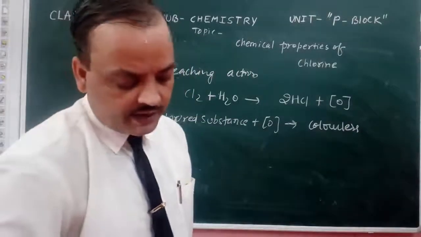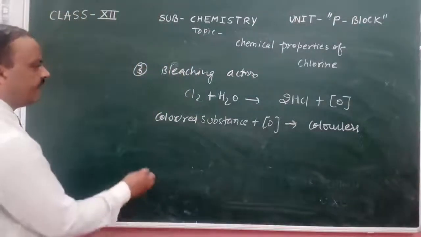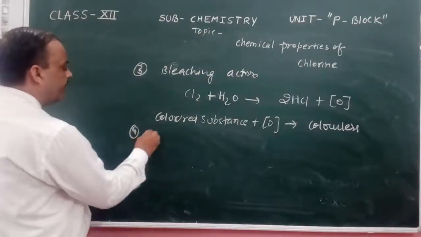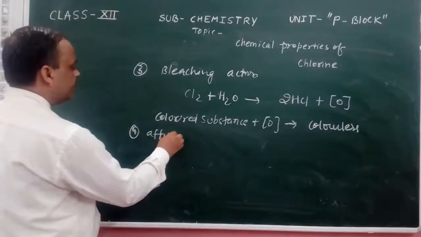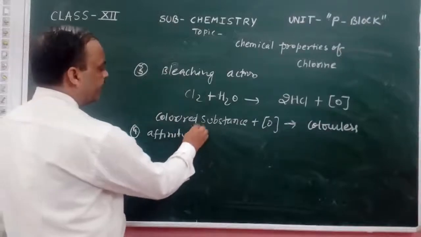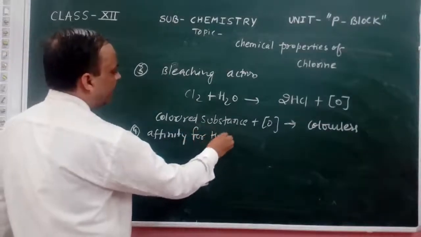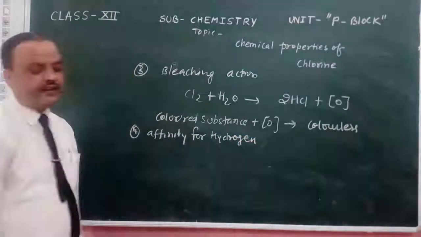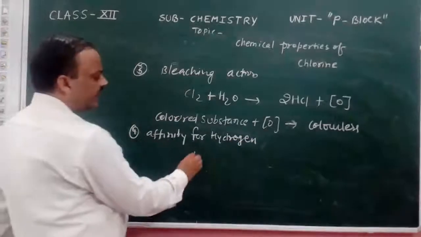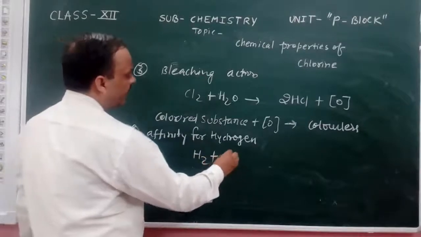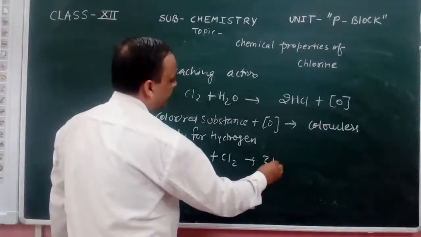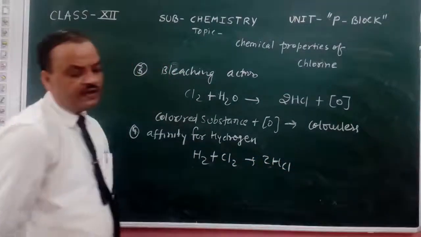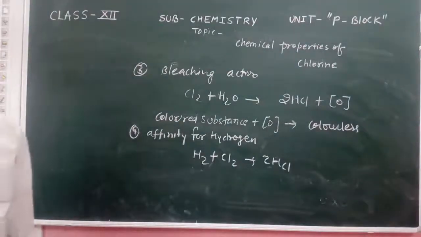Affinity for hydrogen. Another property we have is affinity for hydrogen. In this property, chlorine reacts easily with hydrogen, and formation of hydrochloric acid takes place.